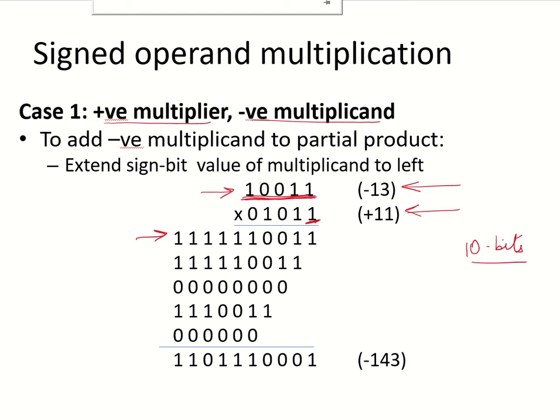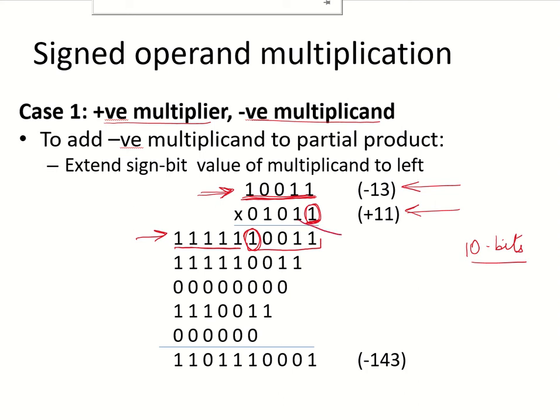So the multiplicand is 10011 and the first bit that it needs to be multiplied with, the LSB of the multiplier, is 1. So we know that if you multiply any number with 1, you will get that same number, and we are going to extend the sign bit. So this is the sign bit. We are going to extend the sign bit for the remaining 5 bits.